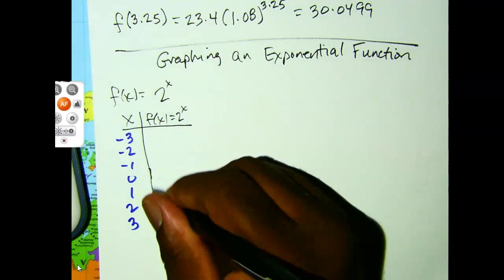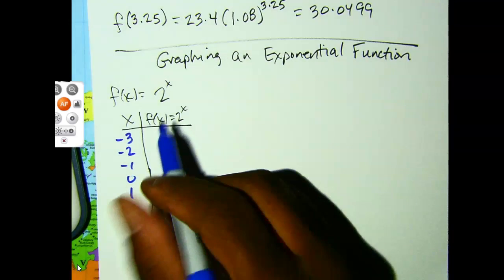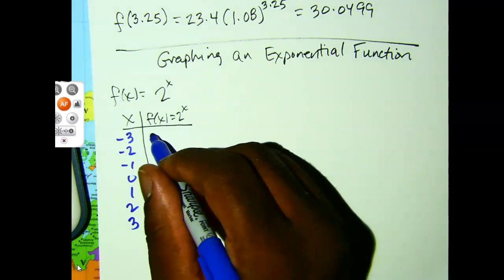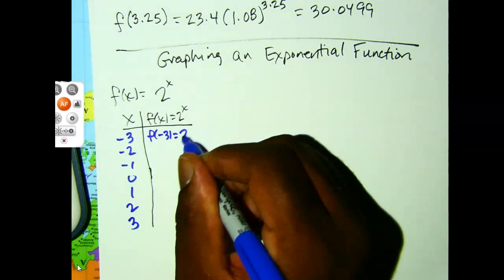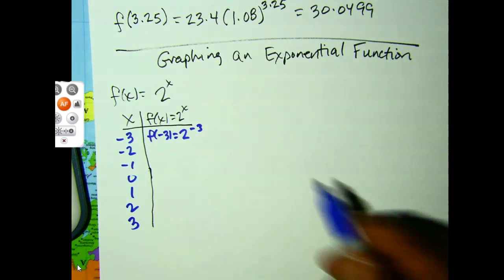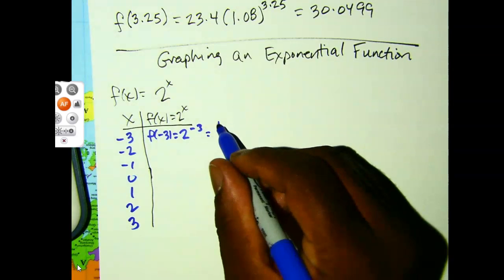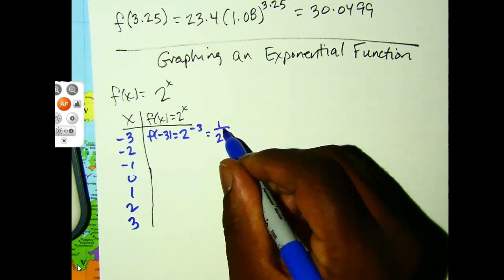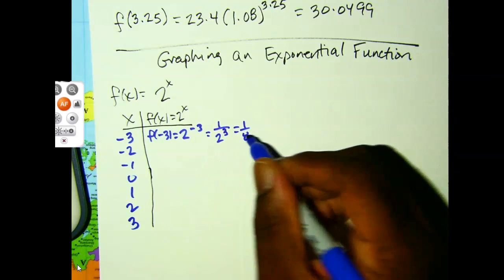All right, so f of -3 is going to be 2 to the -3rd power, which is 1 over 2 to the +3rd power, which is 1 over 8.